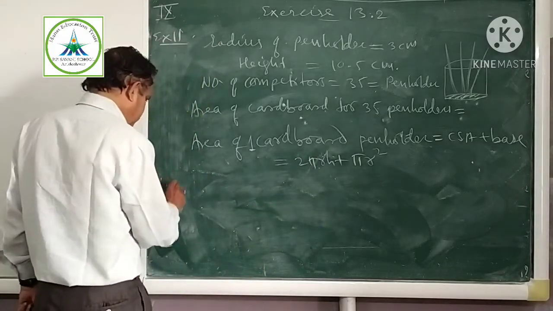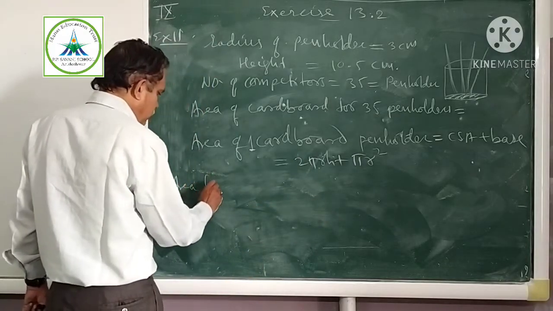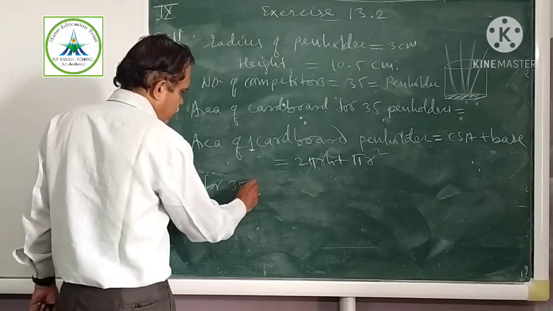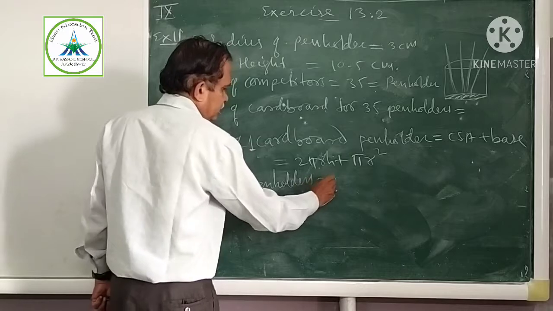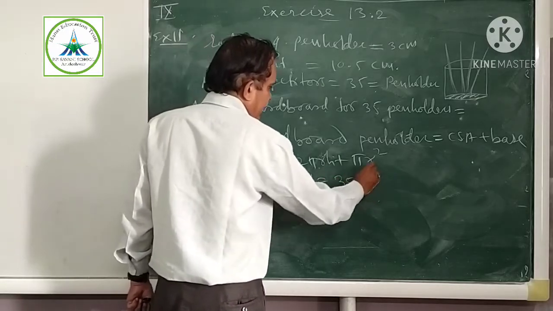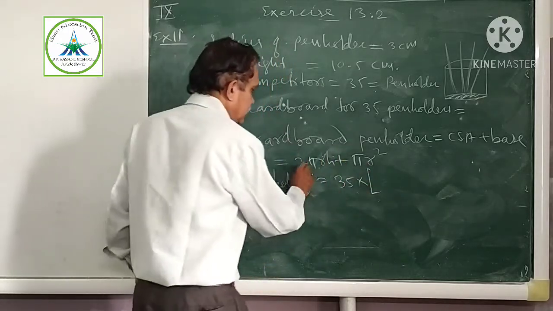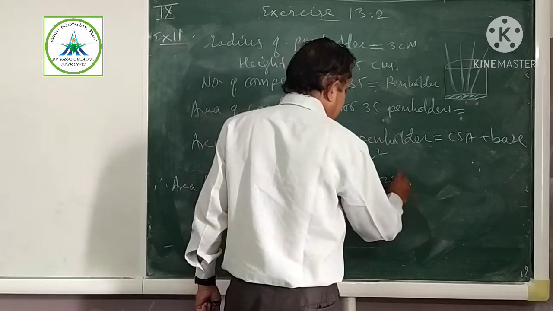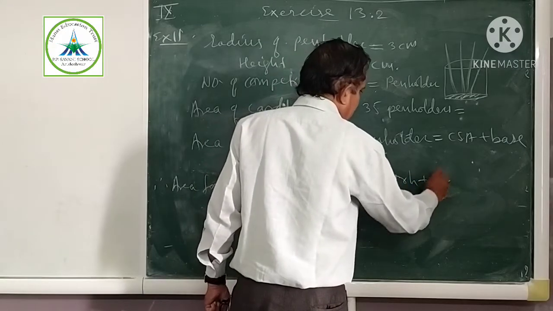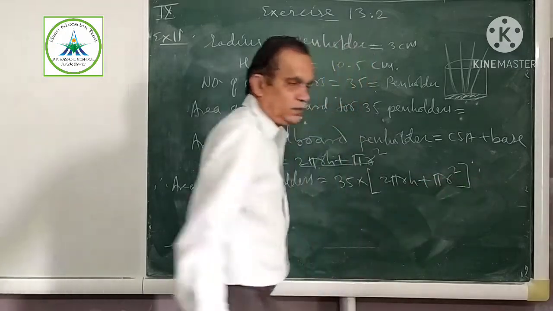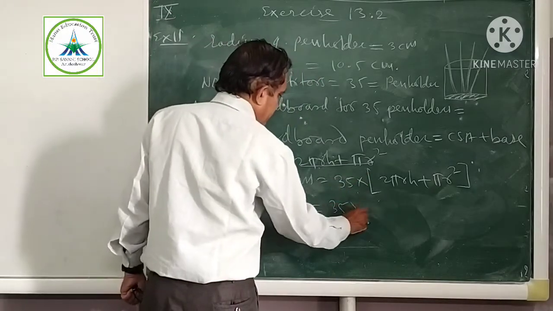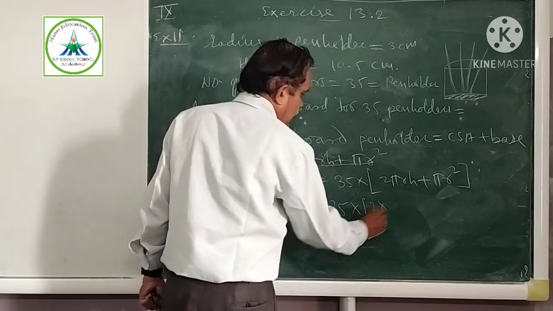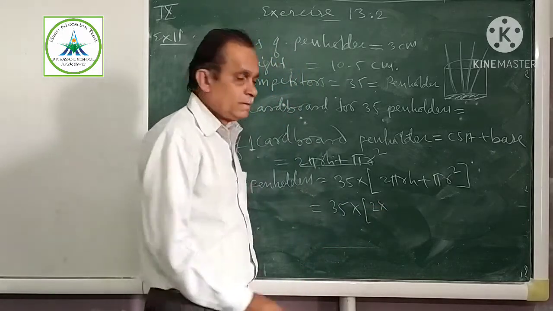Therefore, area for 35 pen holders is 35 multiplied by 2 pi r h plus pi r square. Now put the values. 35 multiplied by 2. Is the value of pi given? Not given.